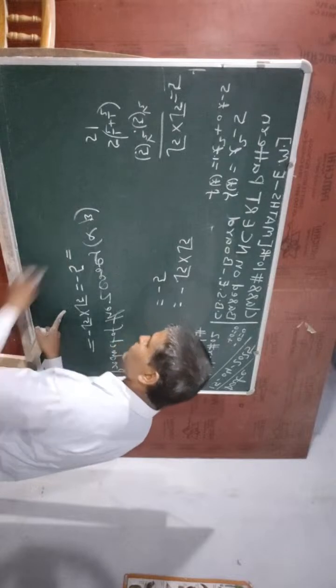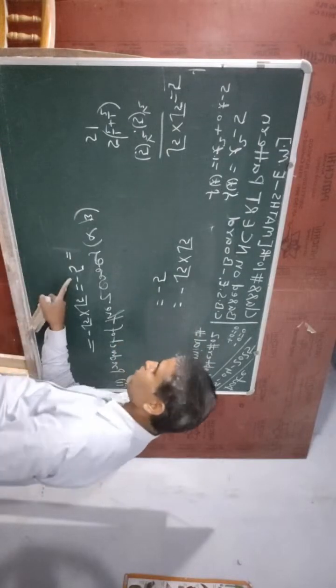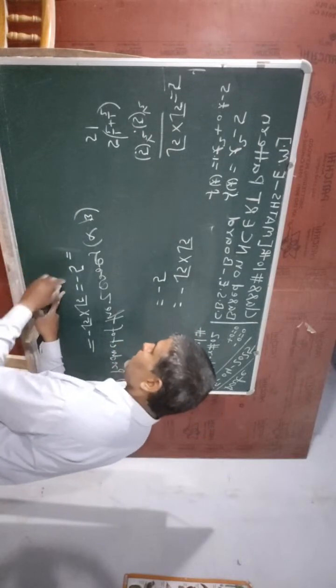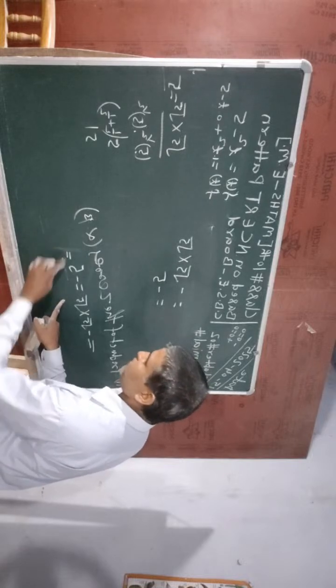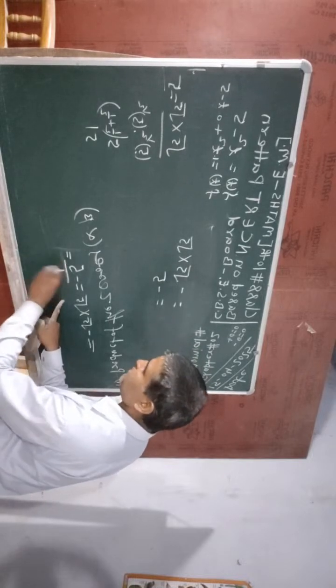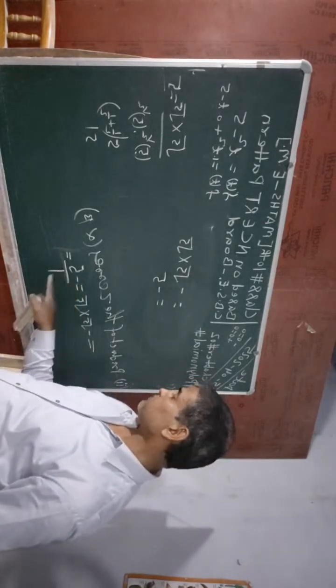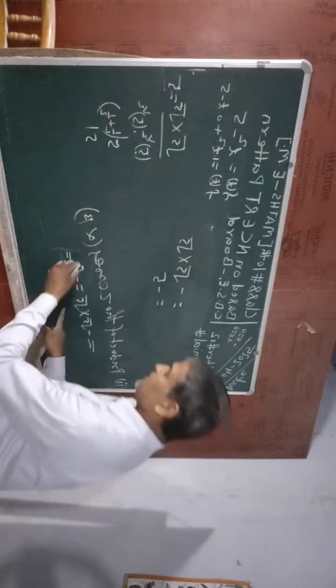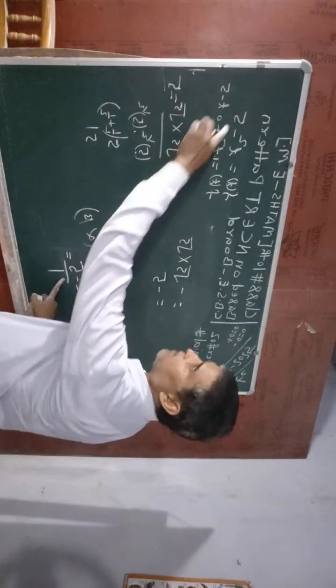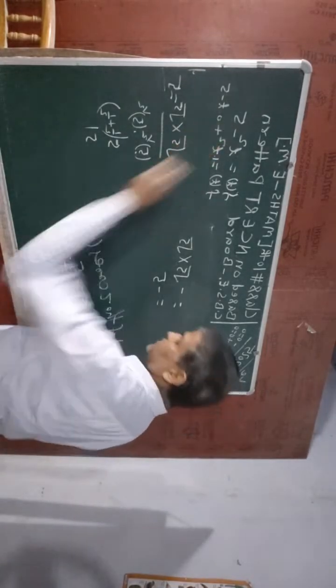So here I will put minus 5 divided by 1, because minus 5 divided by 1 will be written as -5 here. This -5 is the constant term.